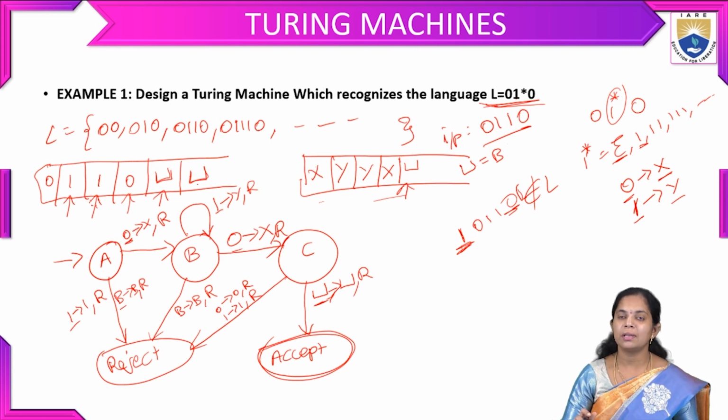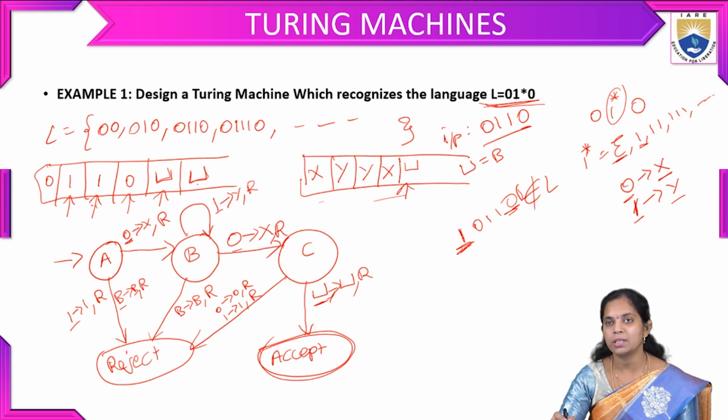So this is the first example, where we designed a Turing machine for the language (0+1)*0.